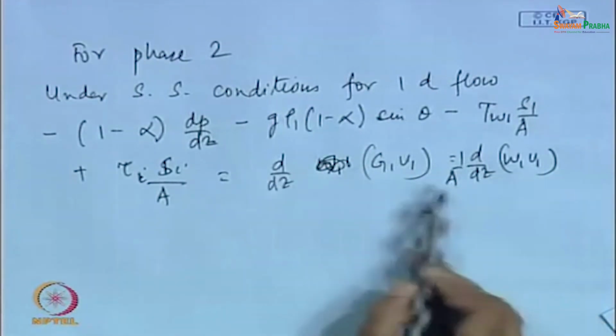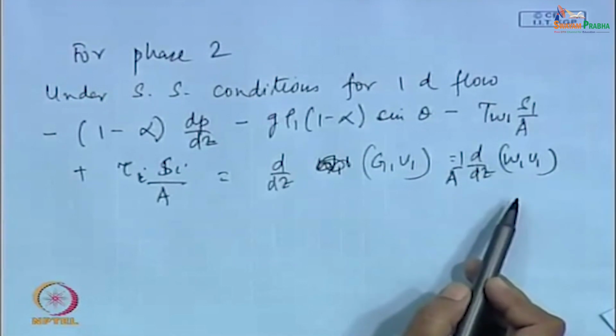Okay. So, this is steady state conditions, one dimensional flow for phase 1.